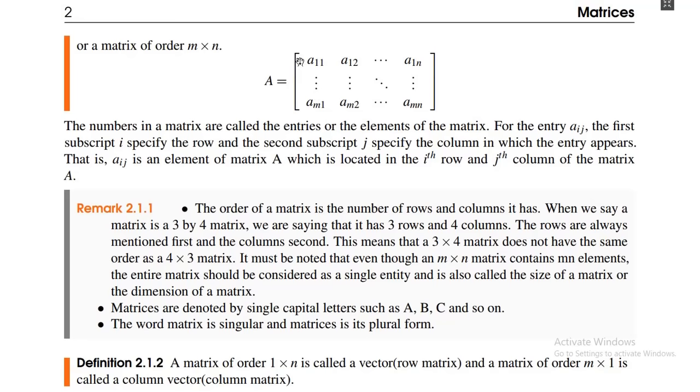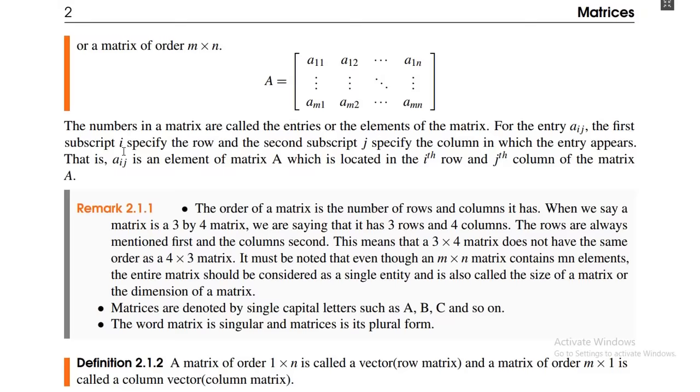Matrix A has entries a11, a12, up to a1n, then am1, am2, up to amn. The numbers in a matrix are called entries, or the elements of a matrix, that is a11, a12, up to a1n, am1, am2, up to amn. A general entry is aij.